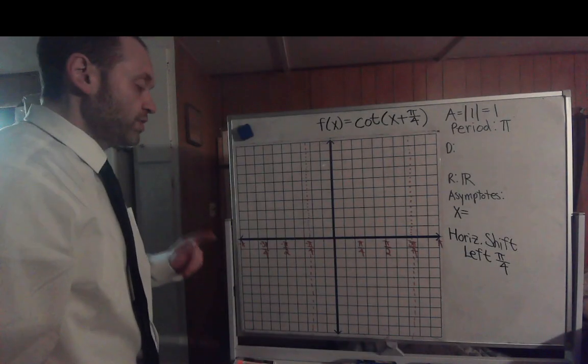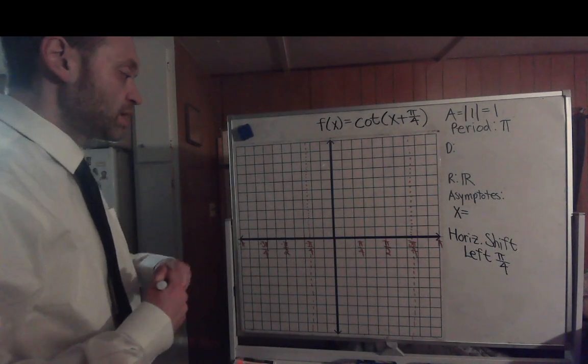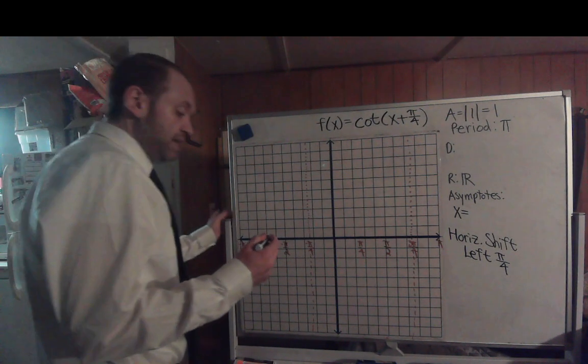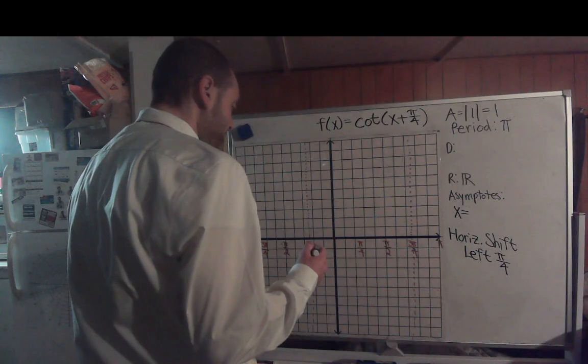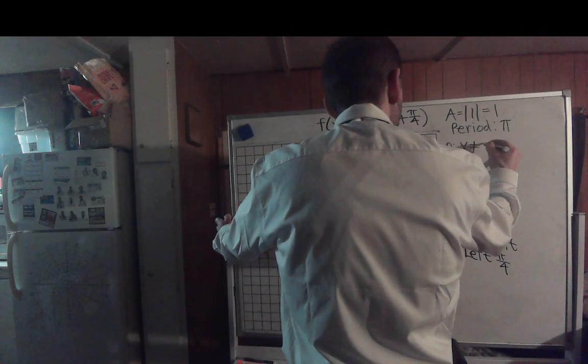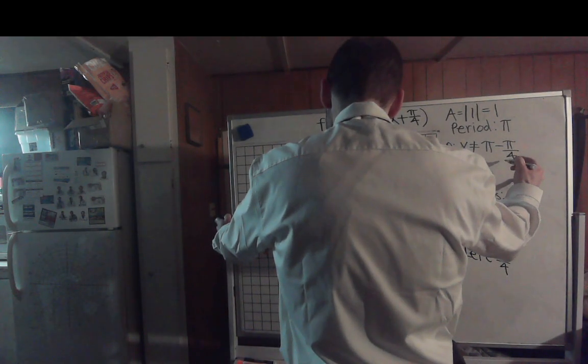So what is true for your asymptotes? Your asymptotes are going to be, well, x not equal to pi minus pi over 4. I should say plus or minus pi over 4. Now, how would I write that?